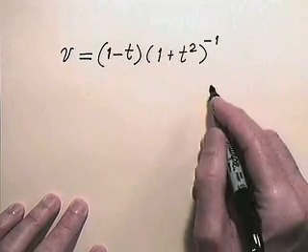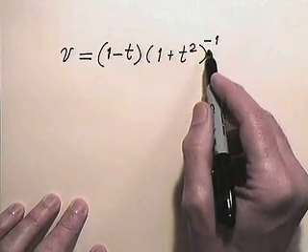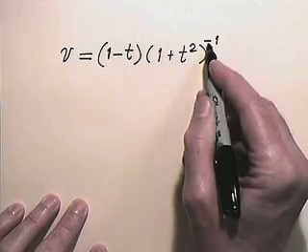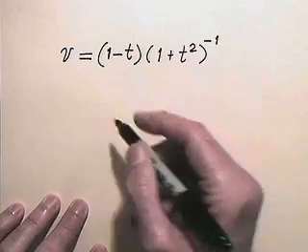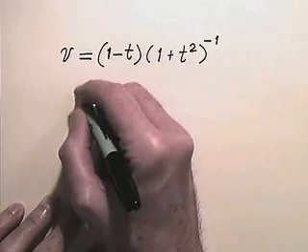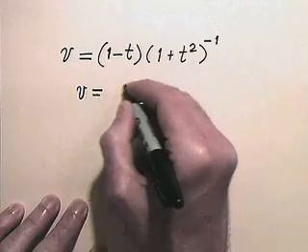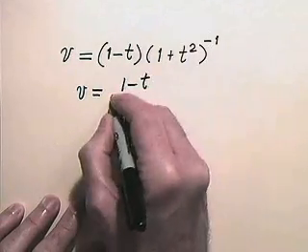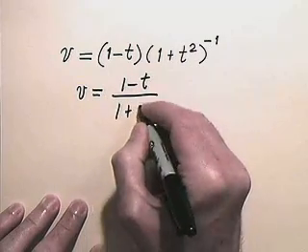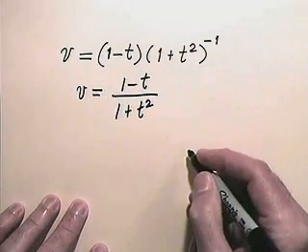That means in order to differentiate, I effectively have to turn this into a quotient. The -1 power, remember, is 1 over. So the function I'm differentiating is really v equals 1 minus t divided by 1 plus t squared.